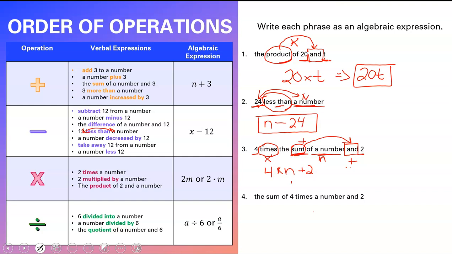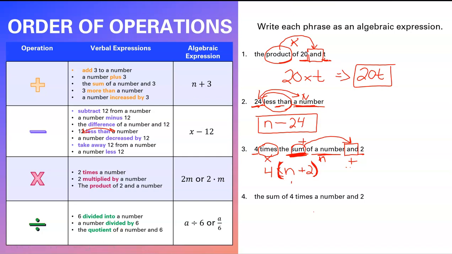So instead of using the multiplication sign, we have to use a parentheses. This is telling us that we need to add first. We're looking for the sum first. Okay? And then we're going to take 4 times that sum. So we have to have those parentheses so whoever's doing this problem knows to add first.